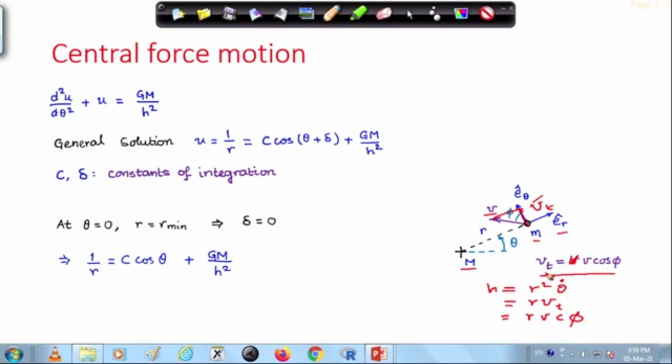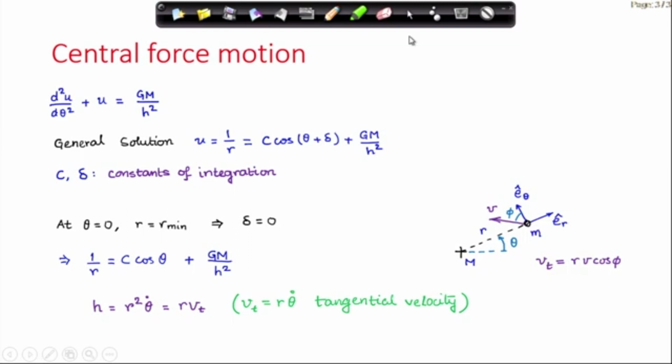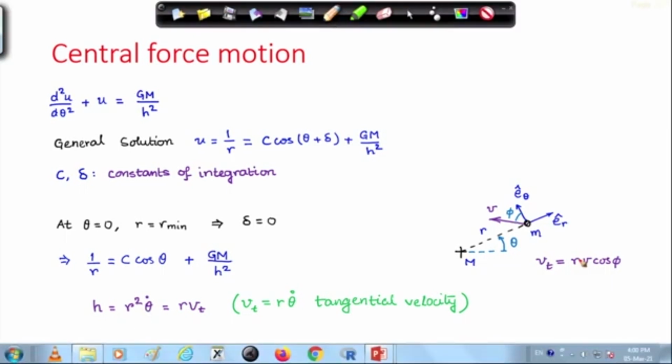So, please note this: h is r square theta dot, which equals r times v t. v t is r theta dot, which is the tangential velocity, which is v cosine phi.